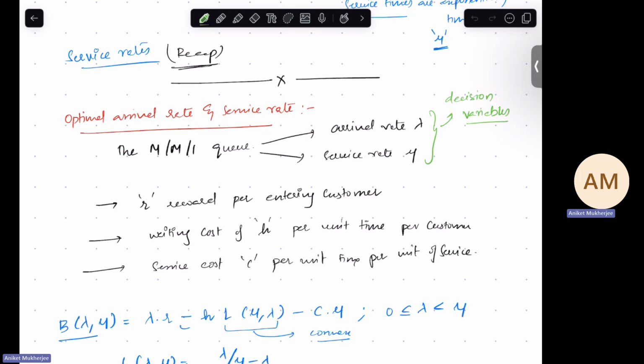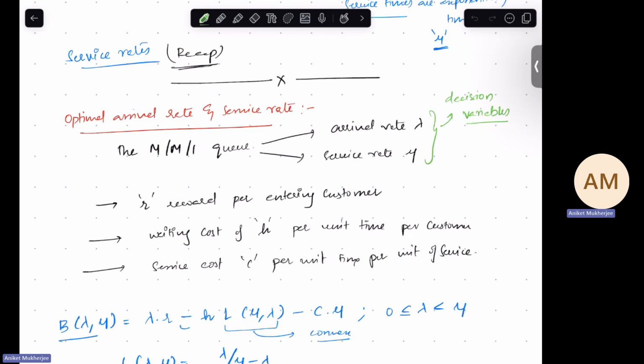This is the social versus individual case which we saw. The social case means that there is a third person who looks at all the customers or all the jobs that have come to get service from this queuing system. He makes a decision so that the average waiting time and the total number of customers served is optimized.